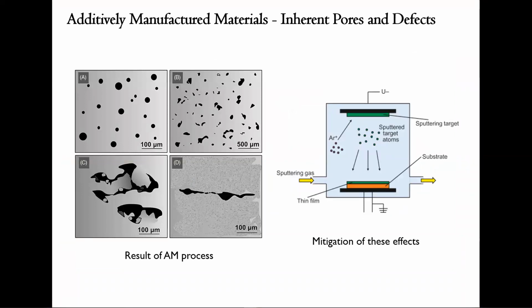So looking at additively manufactured materials, during the initial manufacturing process of additively manufactured metals, there are inherent pores and defects brought about by the conglomeration and the sintering of powders during the fusion of the material in an atmospheric environment.